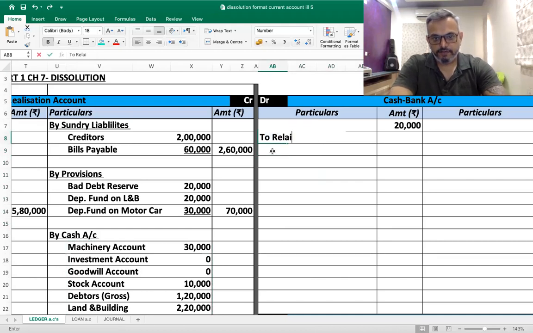To realization account. Now you may write the details.